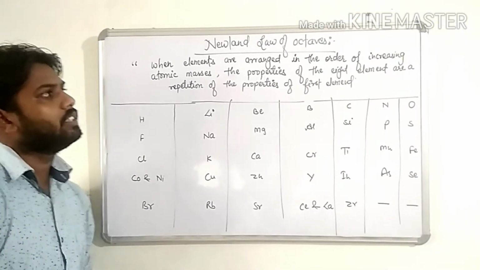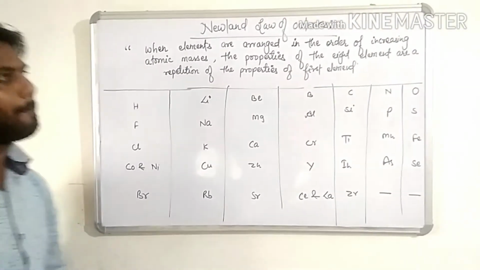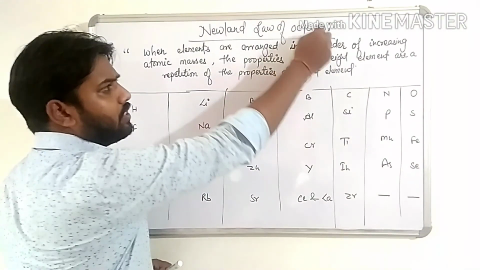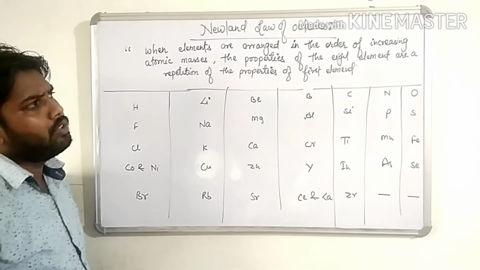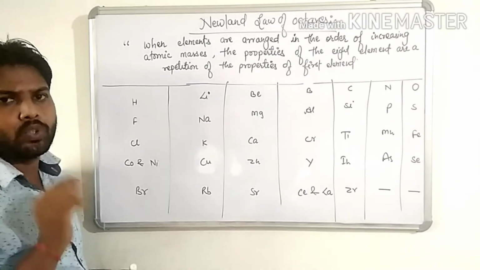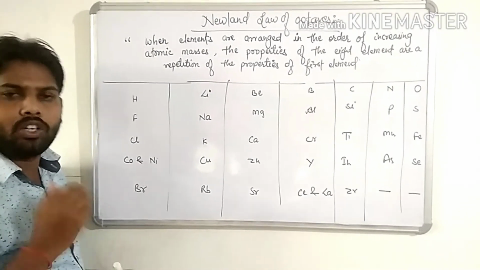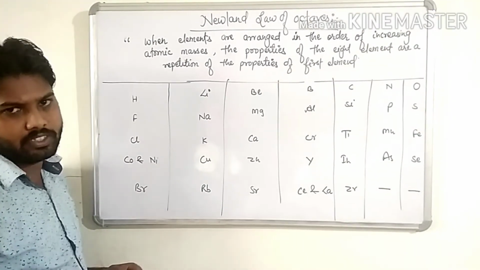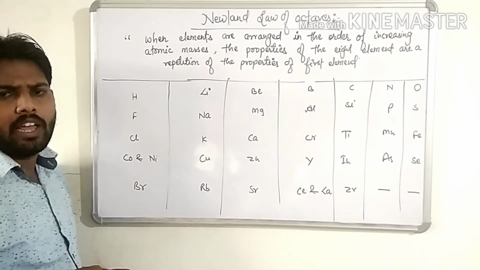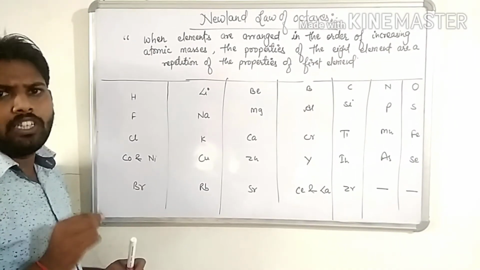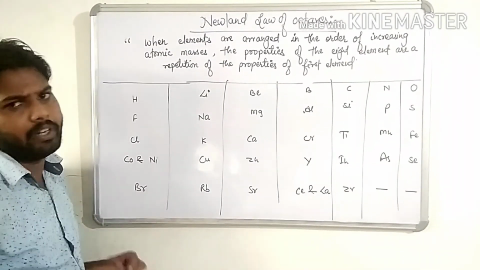Now, children, the second attempt was Newlands' law of octaves. Octaves means the notes from music. Newlands also arranged all the known elements in the order of increasing atomic masses. But he found that every eighth element has properties similar to that of the first element.